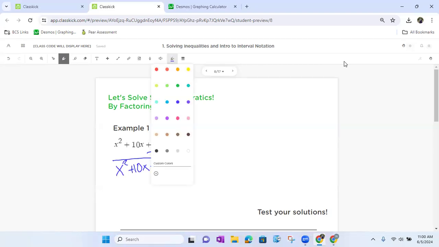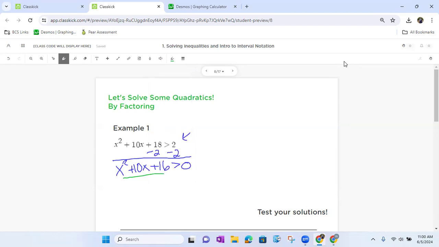And after we have that to 0, we're going to take this piece and we're going to factor. I'm going to do this really quickly as we have been learning this. So I'm going to take the x squared. I know that the 10x goes on the diagonal, and I know that this 16 is right here. What we also know is that these two at the diagonal should be adding to 10x, and that will give us the two numbers that multiply to 16.